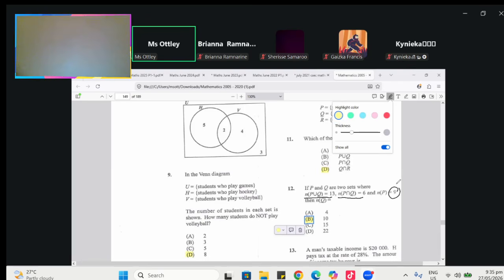So we're trying to find for Q only, right? So the number of elements in P, subtract the number of elements in P intersect Q. So that is going to be 9 subtract 6 to give us 3.